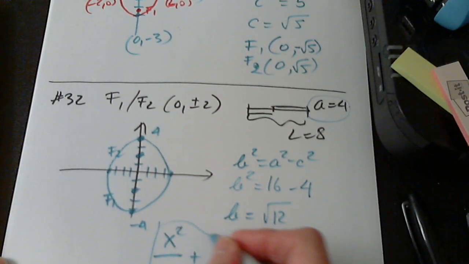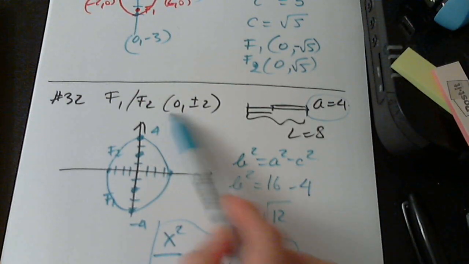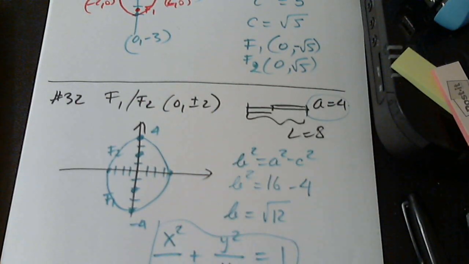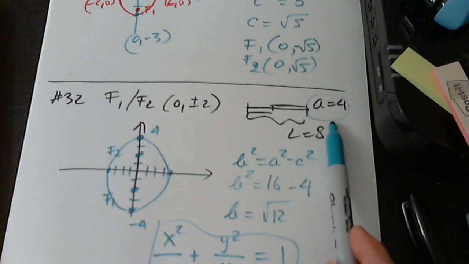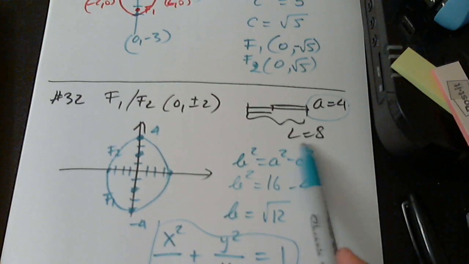And this is the equation of the ellipse that has the given foci and major axis 8 units.